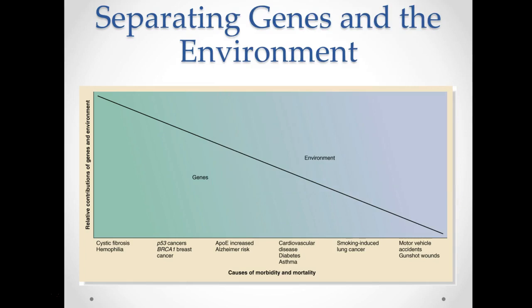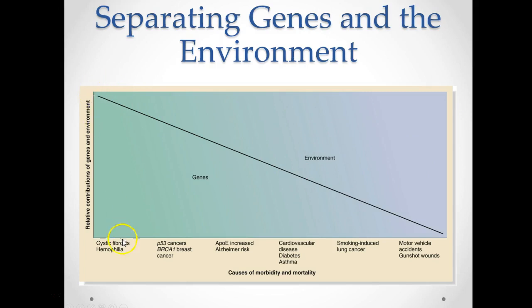All right, so here's the challenge. How do we know how much of a trait is due to an influence of the environment? And how do we know how much of a trait is due to our genes? Well, we have sort of a generalized graph here, and this is actually causes of morbidity and mortality, so these are things that could cause you to die, and this is the relative contribution of how much of these factors come from genetics and how much are environmental.